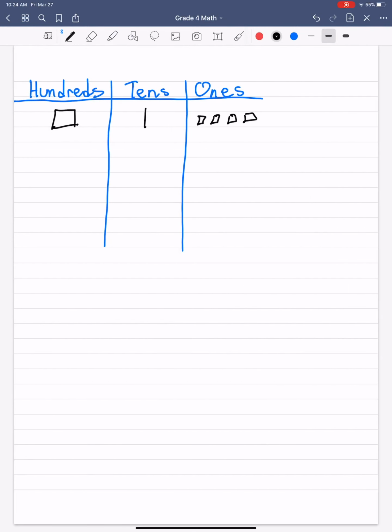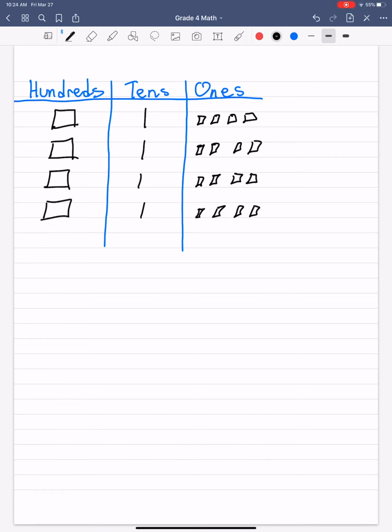Sorry, 4 groups. 3 more. So that's 2 groups of 114. This is 3 groups of 114. And finally, 4 groups of 114. Notice that I'm not bunching them all together. I have them separated so you can clearly see that there are 4 groups of the same amount.